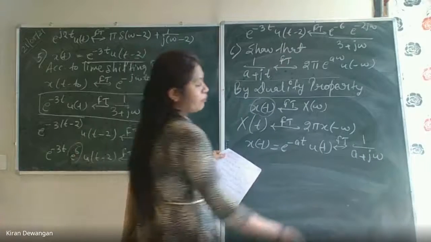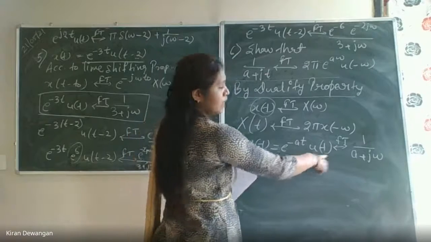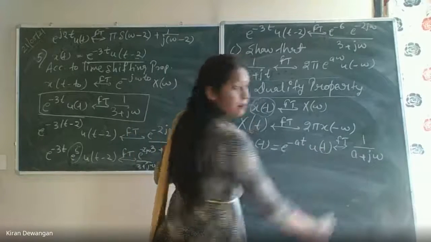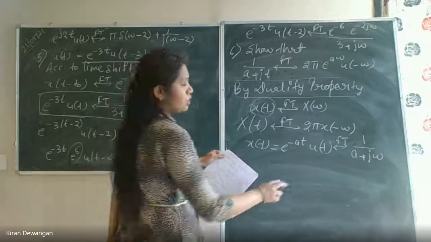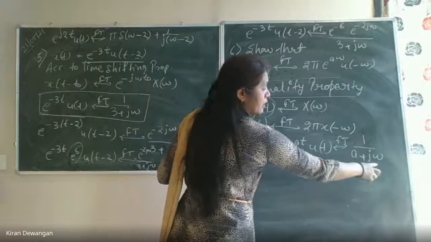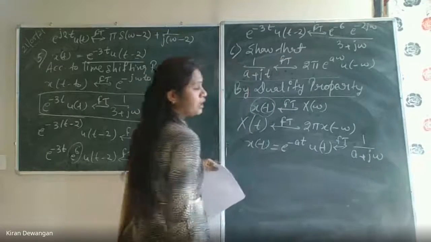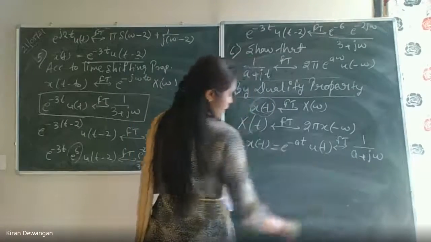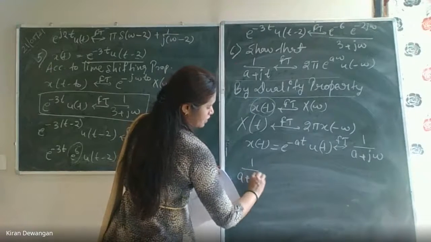It is 1 by a plus j omega. Now this is what we have already studied. Now this one here, this is our X of omega. Now if I replace omega by t, this becomes 1 by a plus jt.